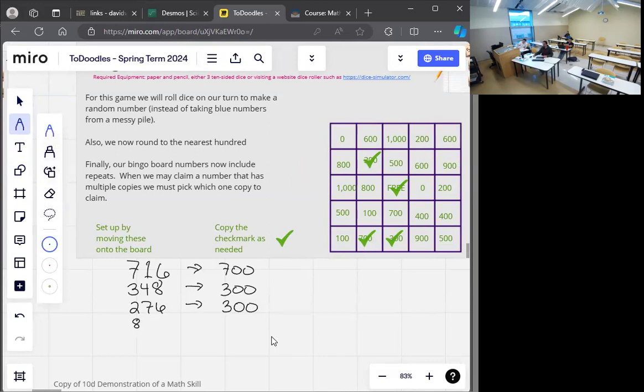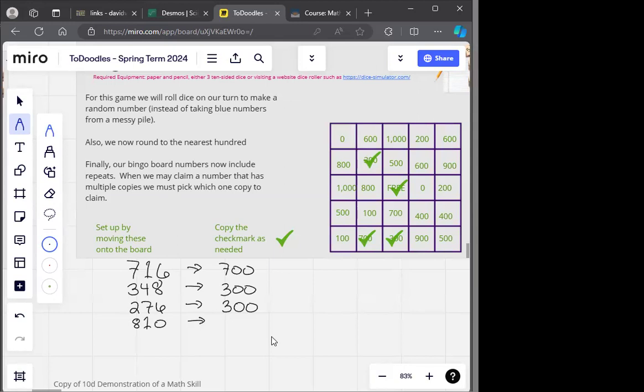810. How does that one round? To 800? 800, right?